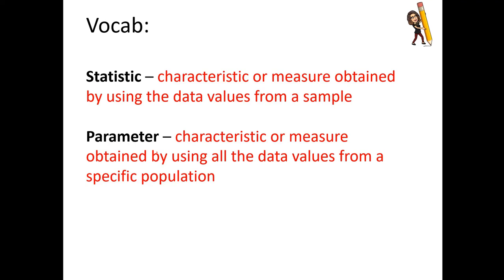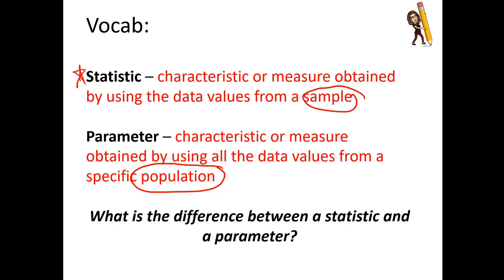A statistic is obtained by using data values from a sample, and a parameter is obtained by using values from a population. So a parameter is used when we have a large data set of a population. But for the sake of our class, we're going to be working with small data sets most of the time, so we'll be working with statistics because we'll be working with samples more than parameters.